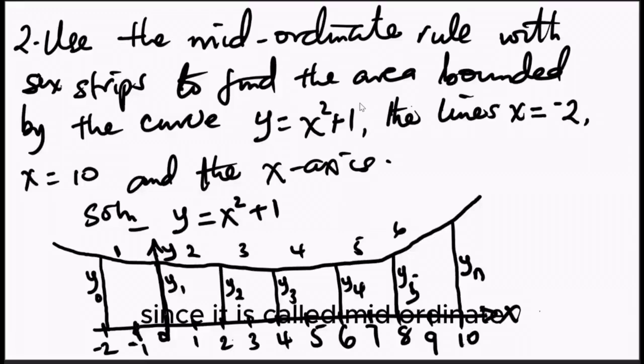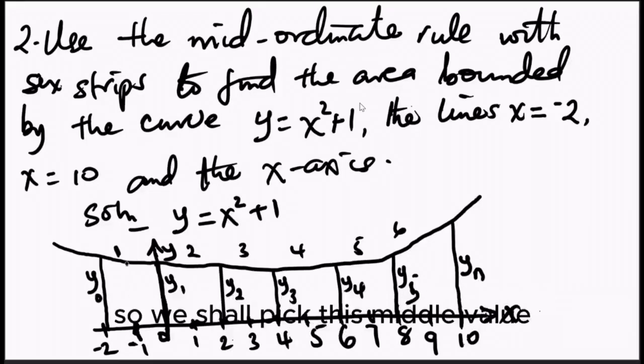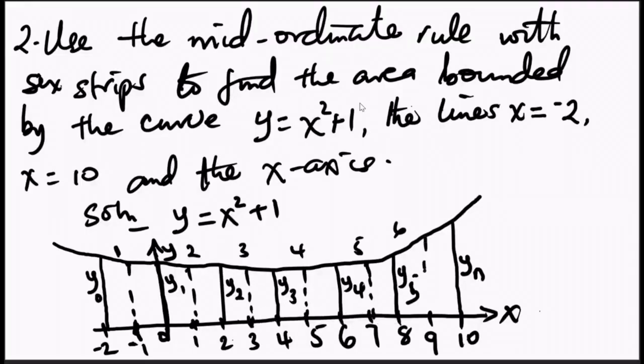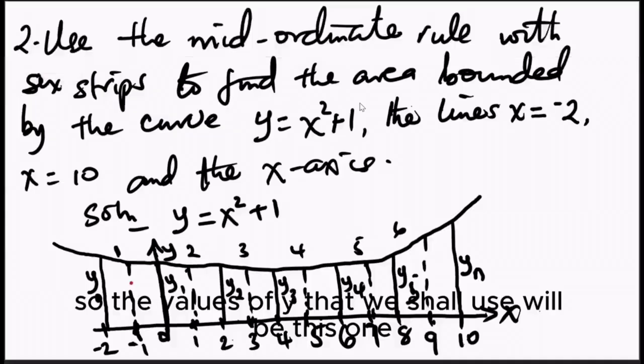Since it is called mid-ordinate, we shall pick the middle values of the strips. So we shall pick this middle value, go to this strip, the middle value, middle value, middle value, middle value, middle value.